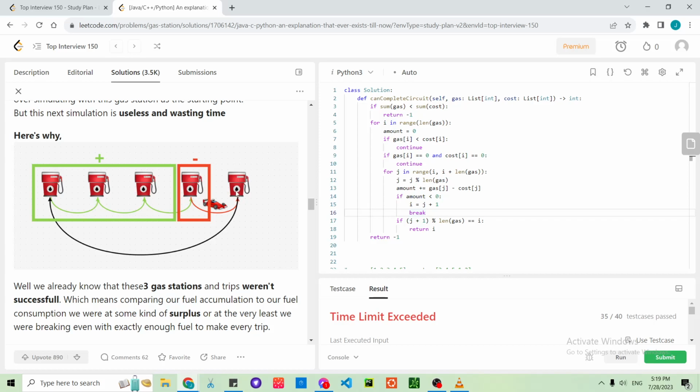The start index is not this one, it's something else. Would this still give this positive all the way then, if that is not the right start? So that's what I'm thinking about.